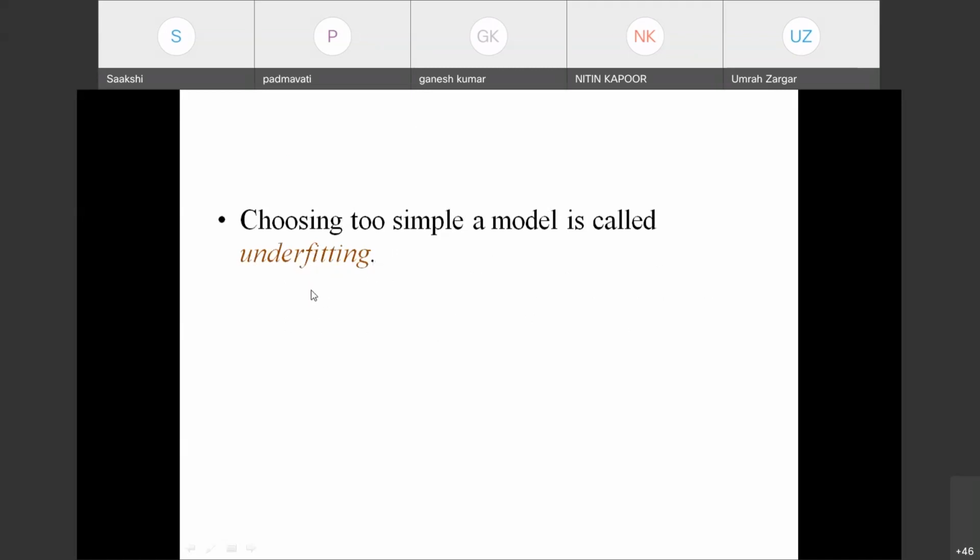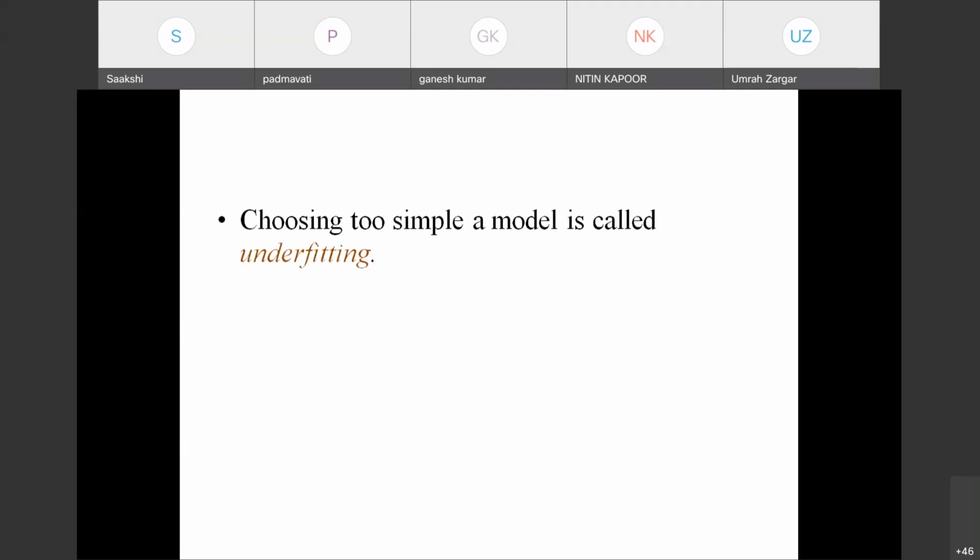Fine. Suppose we take the overfitting problem, then why does overfitting occur? By this definition only you can predict the answer. Yes, it happens when we choose a too complex model to fit my entire training data.